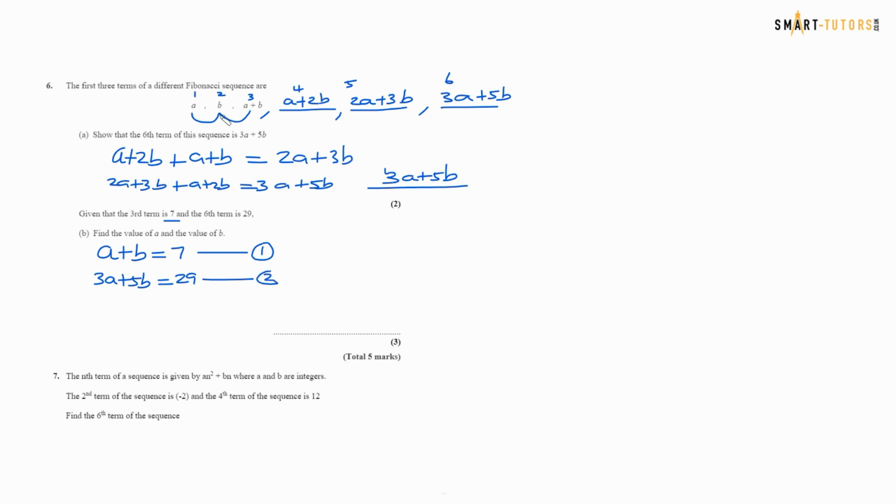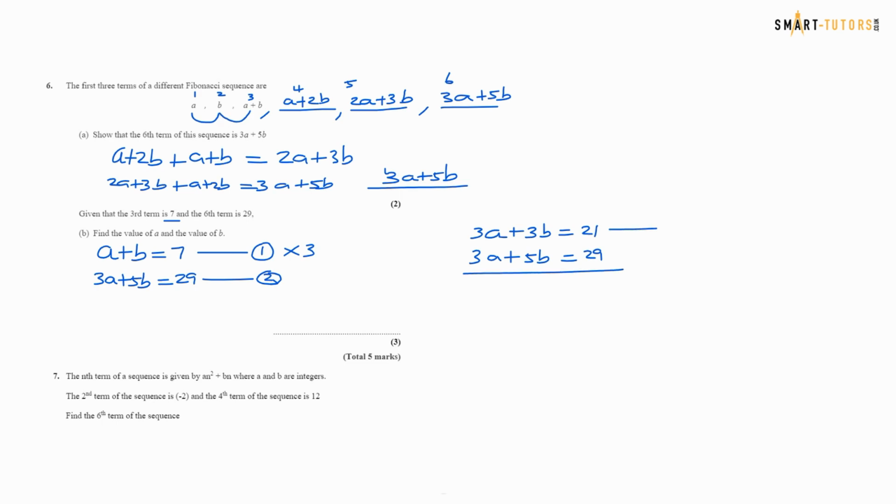So it's a 3-mark question. You need to show a few steps for how you find A and B. This is a simultaneous equation. I'm going to times the first equation by 3 to make the coefficients the same. 3A plus 3B equals 21. 3A plus 5B equals 29.